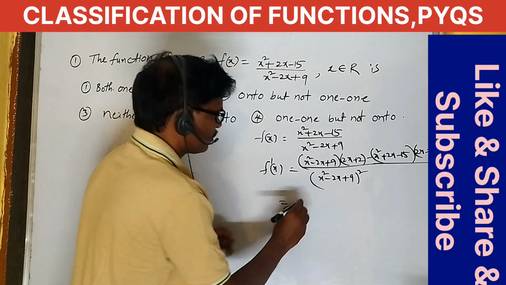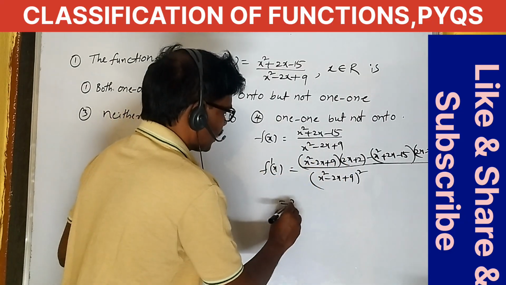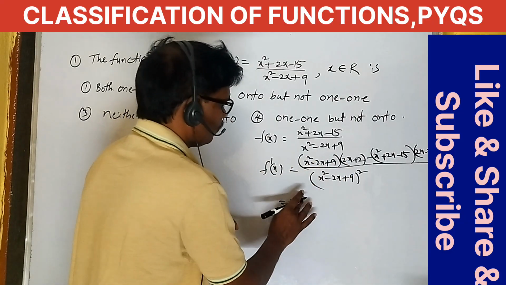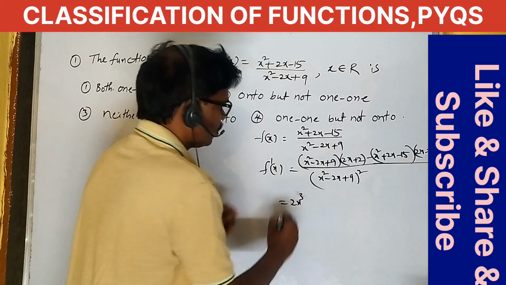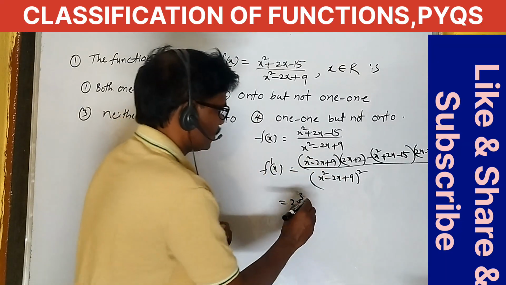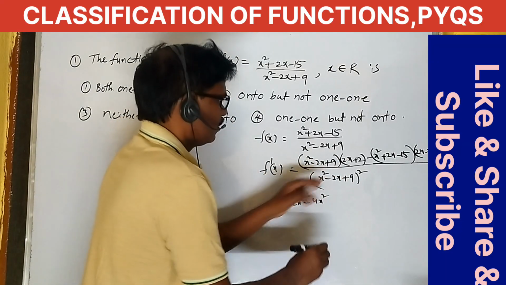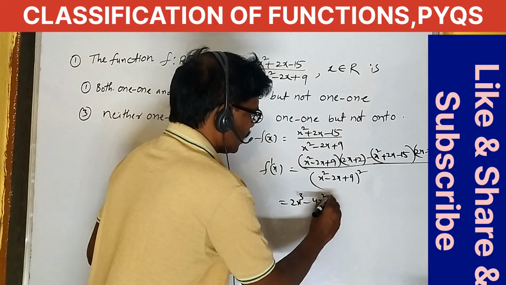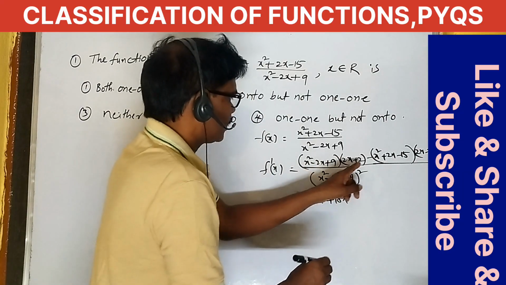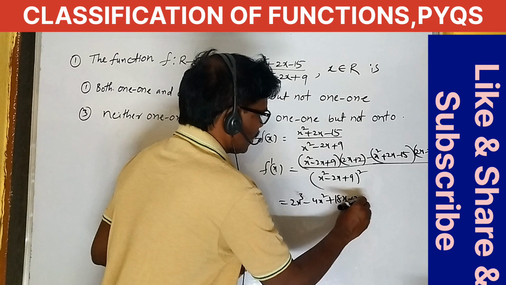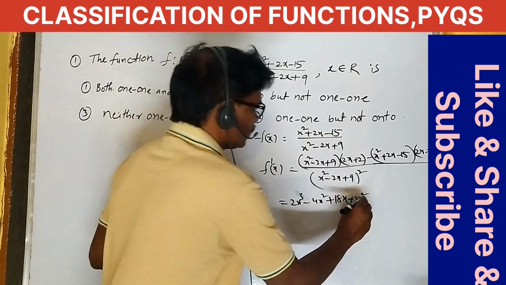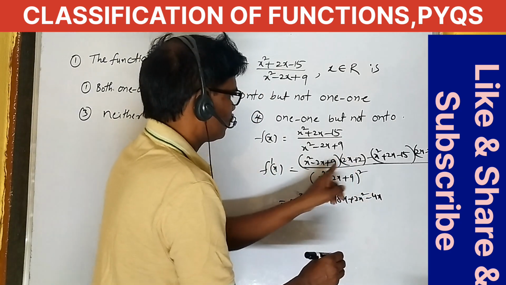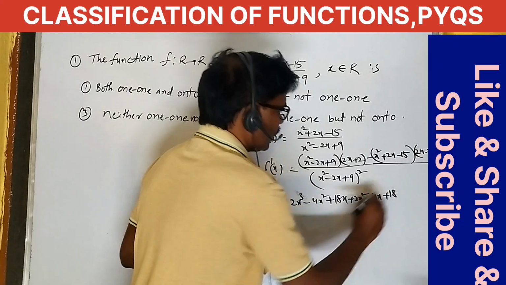f dash of x: 2x into x square is 2x cube, 2x into 2x is minus 4x square. Next 2x into 9 is plus 18x. Next 2 into x square is 2x square, 2 into 2x is minus 4x, 2 into 9 is 18.